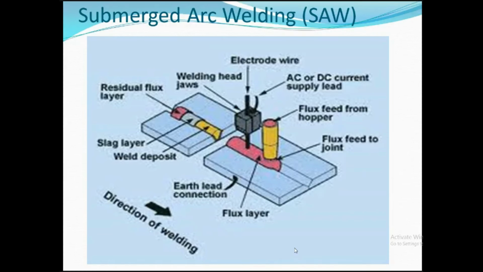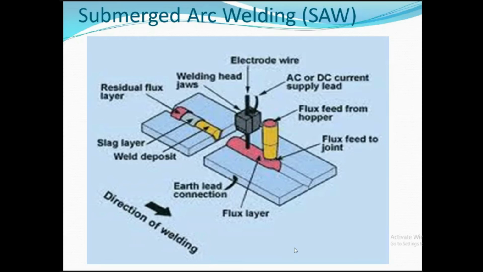That is your SAW electrode wires, then welding head jaws, then residual flux layer, which is in pink color, then sludge layers, then welded deposits, that is yellow in color, then earth lead connections, that means one wire of your welding machine which is connected on the bottom plate, that is your earth lead connection, then flux layer, that is red in color, flux feed to the joints, and flux feed from the hoppers. AC or DC supply is used.